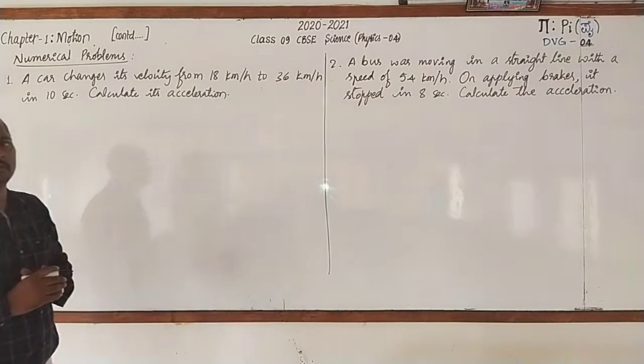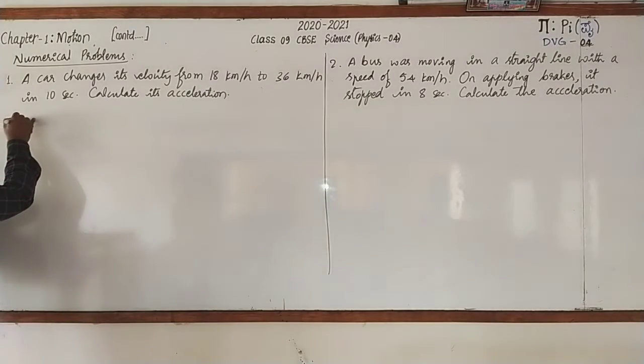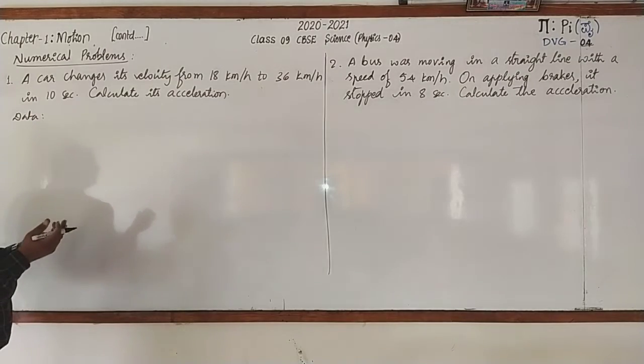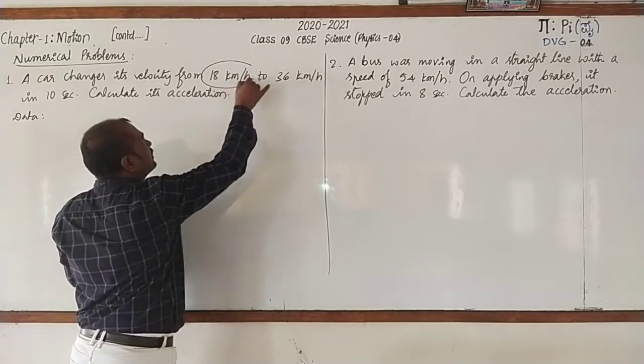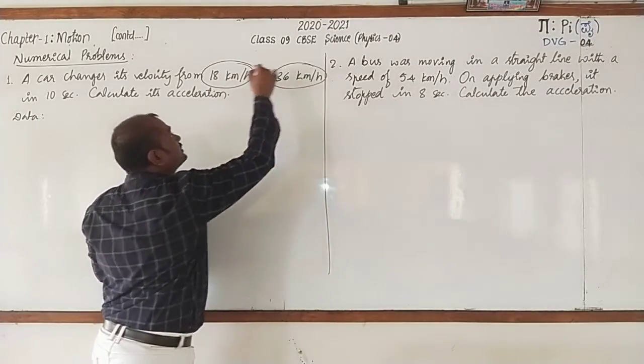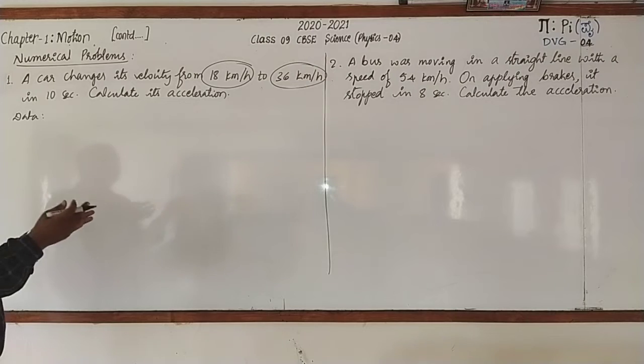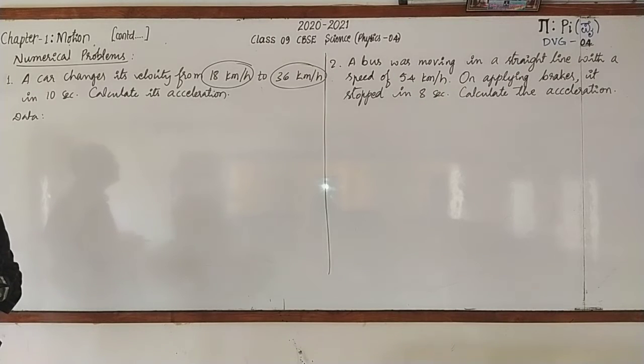Directly they have given. Now, after understanding the statement, a very simple statement, I hope that you all have understood very well. It has changed its velocity from 18 km per hour to 36 km per hour. To change that velocity, how much time has it taken? 10 seconds.